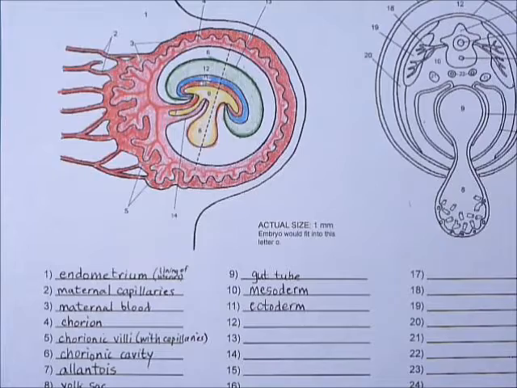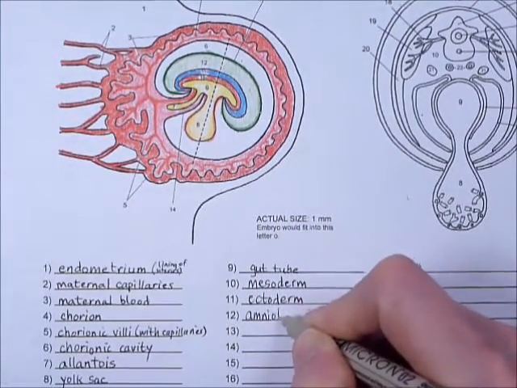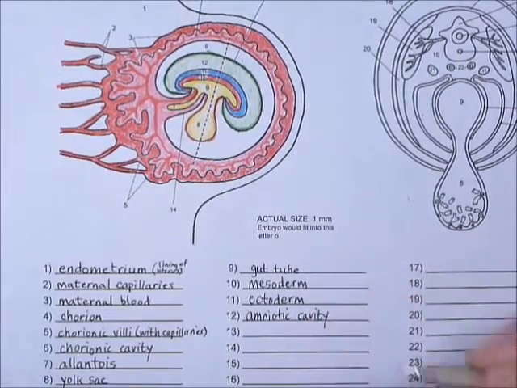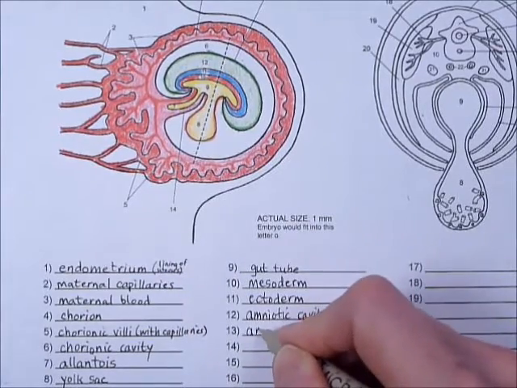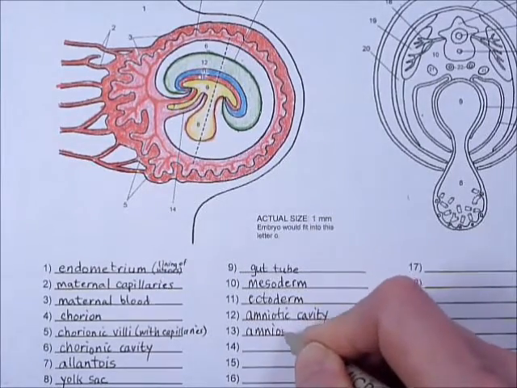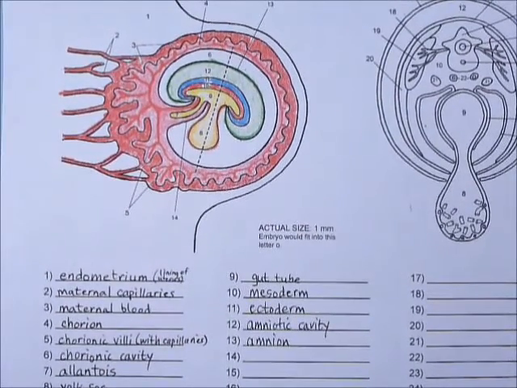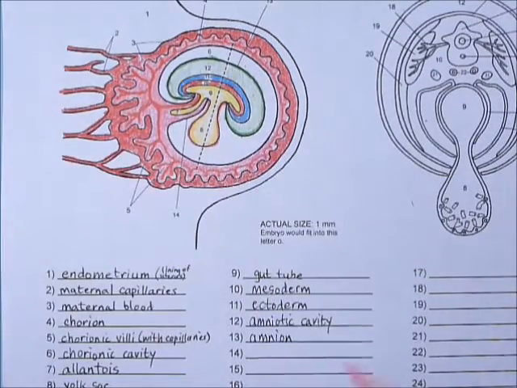Okay, so let's label 12 as the amniotic cavity, and then 13 is the amnion, the membrane itself. 14 is pointing to this whole thing.